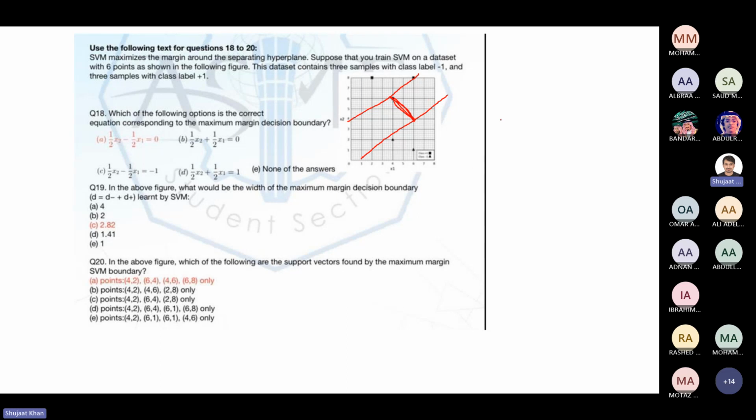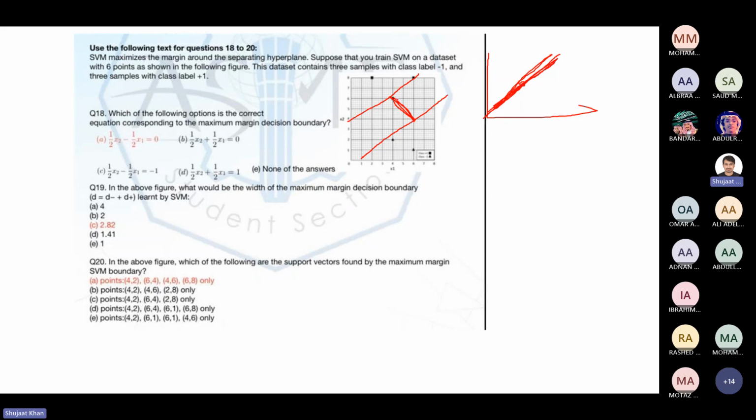To find the equation of the line, you need a point and its slope. If you know the slope and the point, you can determine the equation of the line.